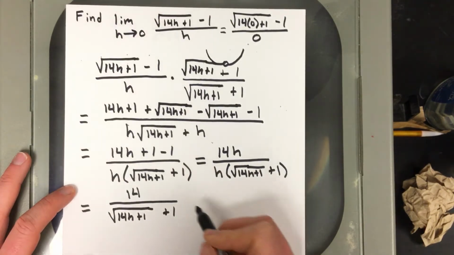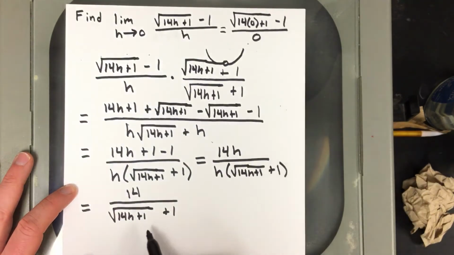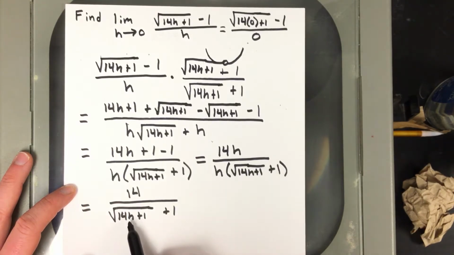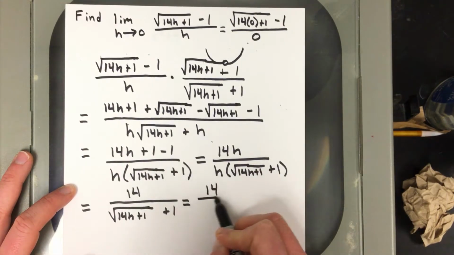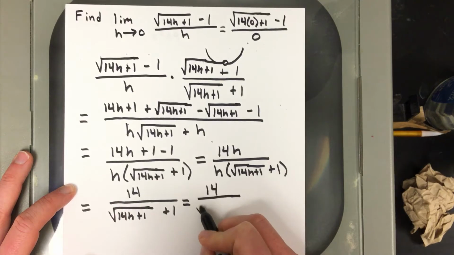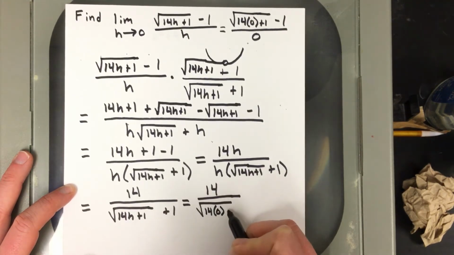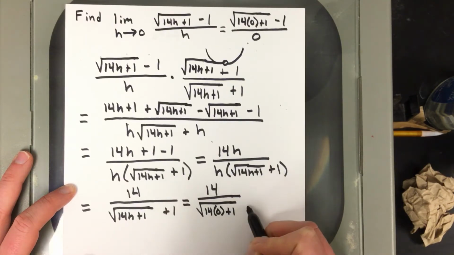What's pretty awesome about this is that if I plug 0 in for h, it's not going to give me anything undefined on the bottom. So let's do that. That'll be 14 over the square root of 14 times 0 plus 1, plus 1.